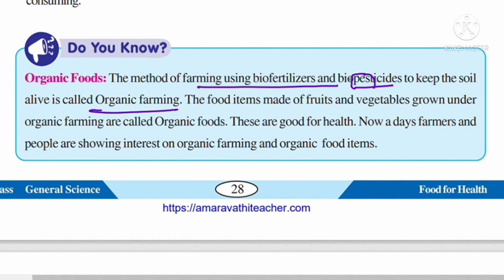Cide means to kill them. So pesticides can kill the pests, and they should be biopesticides to keep the soil alive, which is called organic farming. The food items made of fruits and vegetables grown under organic farming are called organic foods. These are good for health.